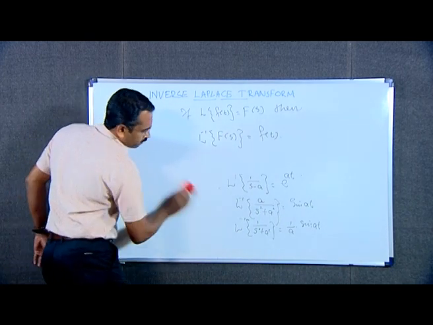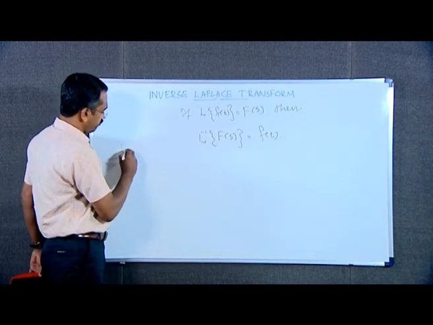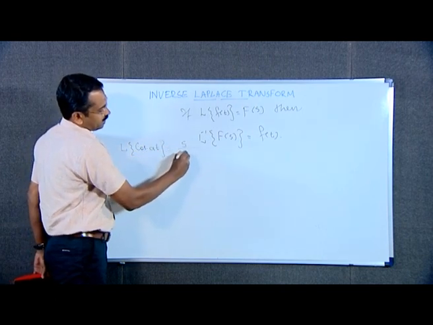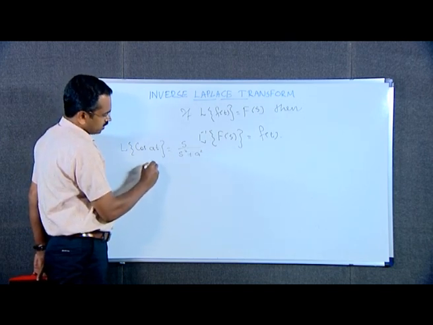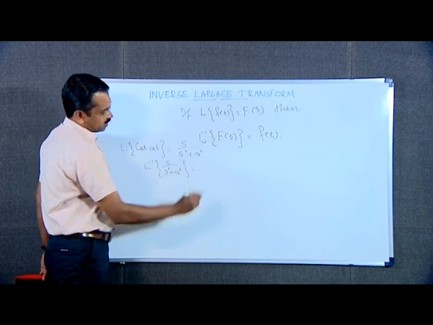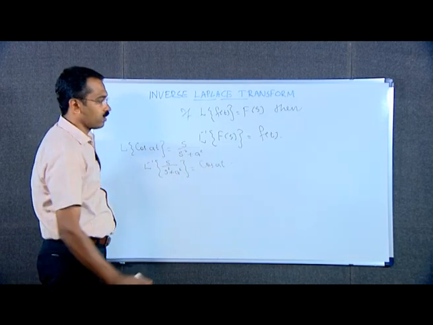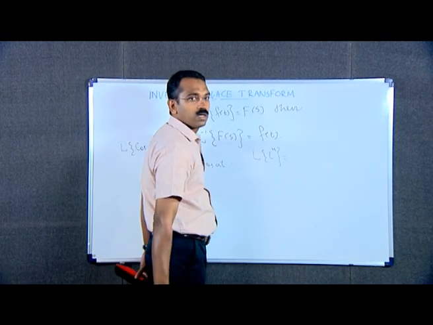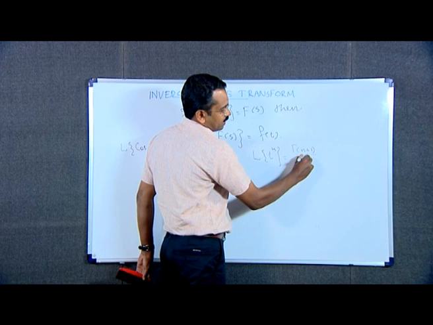We have the Laplace transform of cos at. L of cos at is equal to s divided by s square plus a square. From this we can write L inverse of s divided by s square plus a square is equal to cos at. The Laplace transform of t raised to n is gamma n plus 1 divided by s raised to n plus 1.